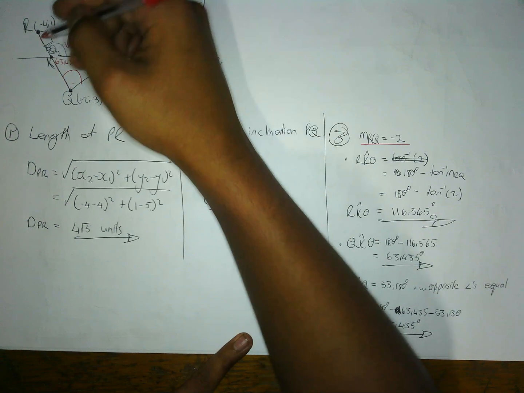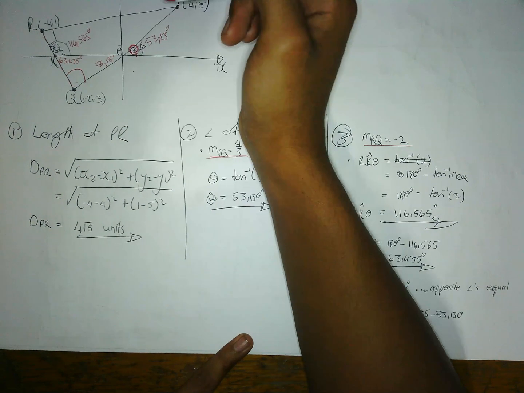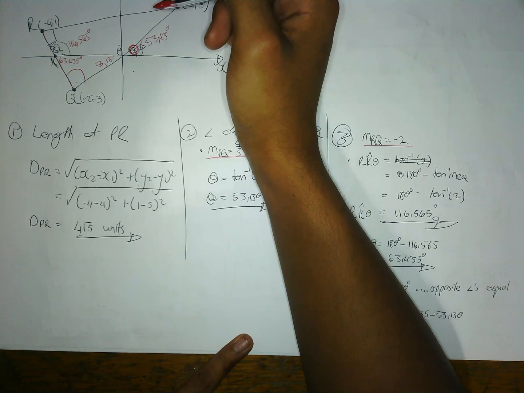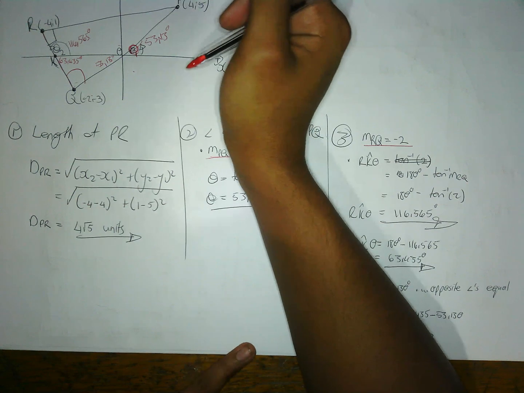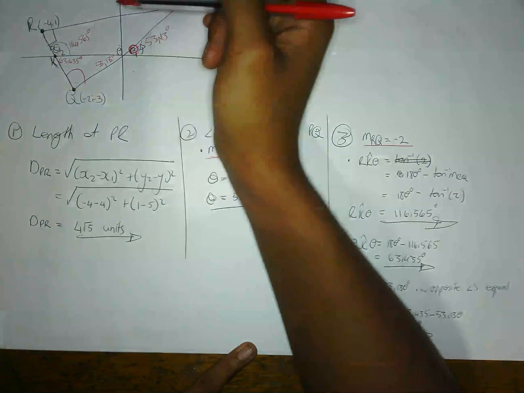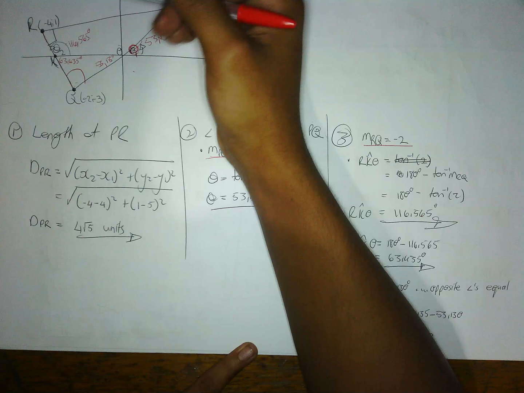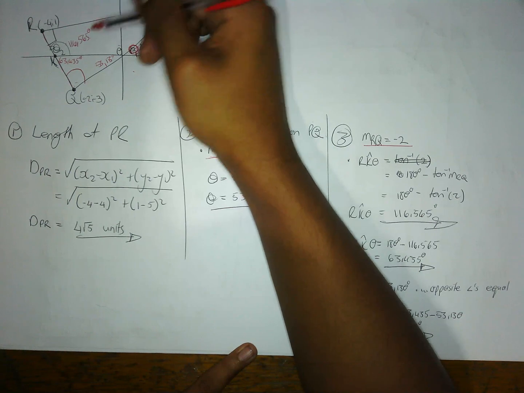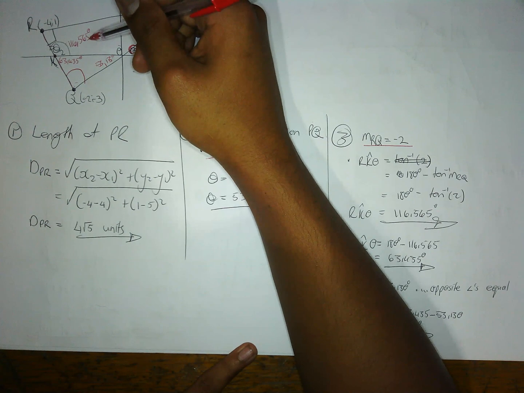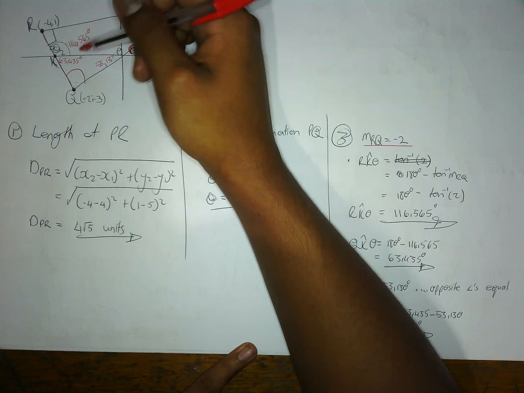So this is a straight line, and I know that a straight line is 180 degrees. So 180 degrees minus this 116.565 gives me 63.435 degrees.